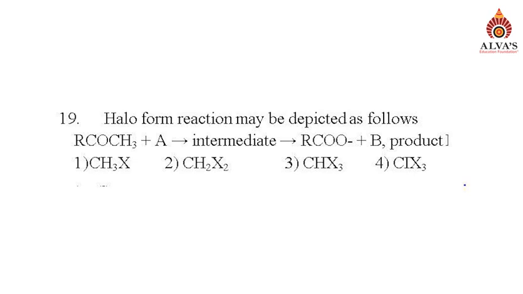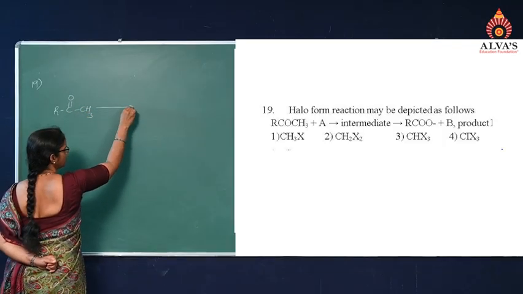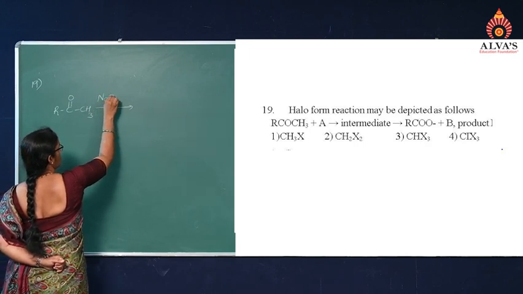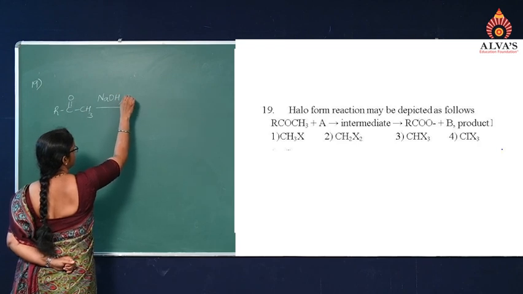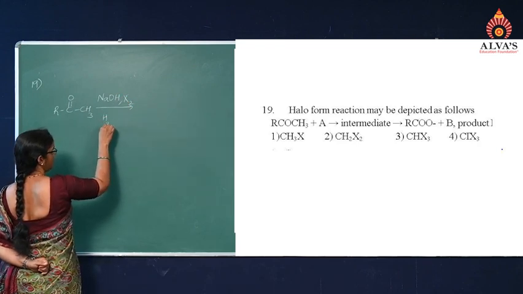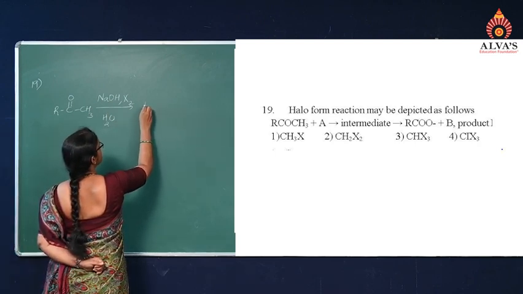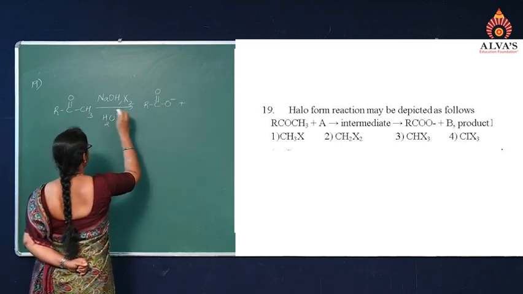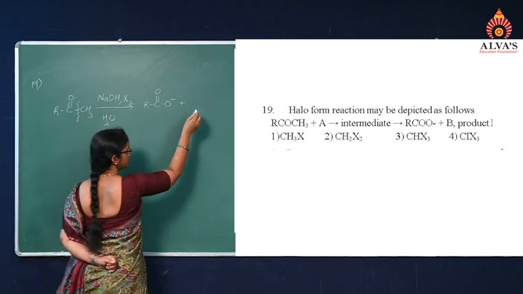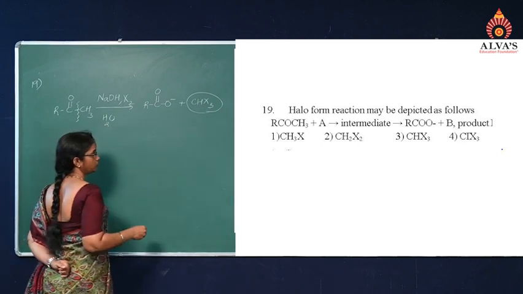Now since we are talking about haloform reaction, we know RC=O CH3 in presence of NaOH and halogen, followed by hydrolysis, is going to give you an intermediate which on further hydrolysis results in formation of RCOO minus, and the CH3 portion is converted into CHX3, that is, it is going to give you haloform.